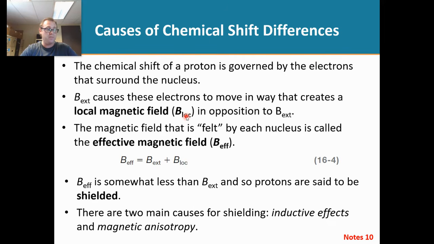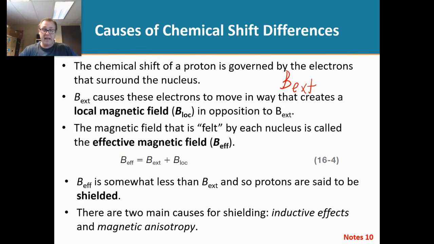So up to this point we have two different terms. We have the external magnetic field, which we represent like that, and that external magnetic field is coming from the NMR instrument.